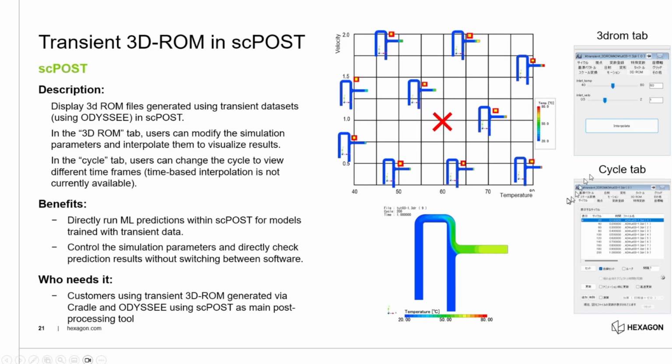You'll see different temperatures, different flow rates, and so on. So there's velocity of half, 1 and 2 meters a second, and different temperatures as well, anything from 40 up to about 80 Celsius.